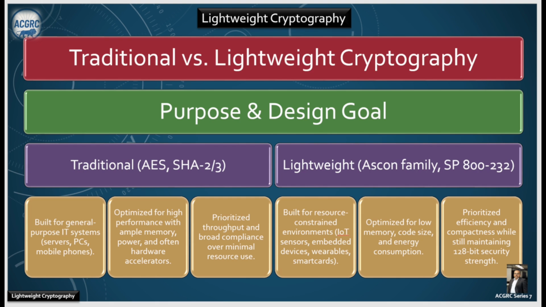They are optimized for low memory, limited code size, and efficient energy consumption, as the energy source would be much lower compared to the traditional. They prioritize efficiency and compactness. Do note, in the traditional they prioritize throughput. In this they prioritize efficiency and compactness while still maintaining the 128-bit security strength that you get from the traditional.